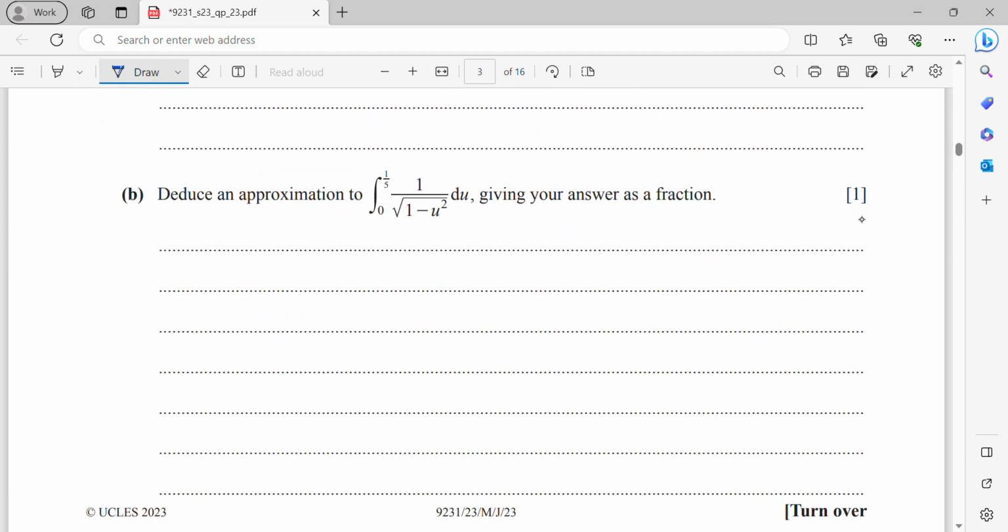Now part B, deduce an approximation to this integration, giving your answer as a fraction. Deduce means that you solve by replacing the values. We know that the derivative of inverse sine x is 1 over square root of 1 minus x squared.